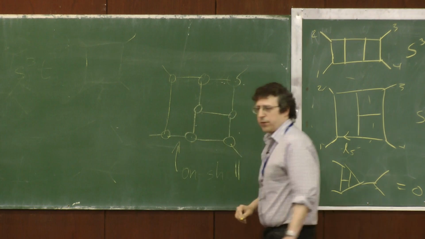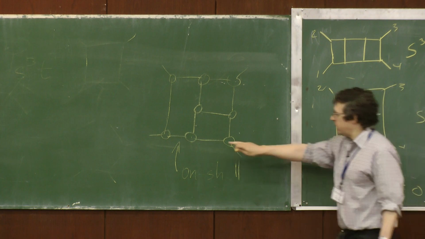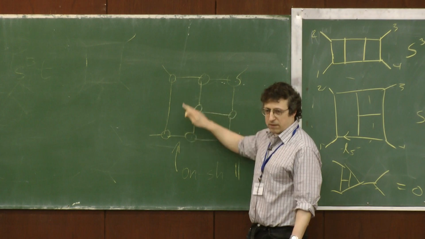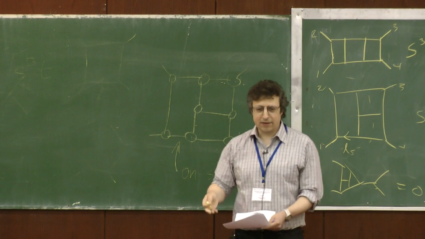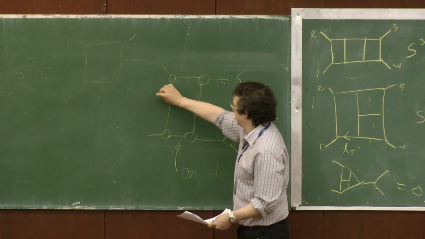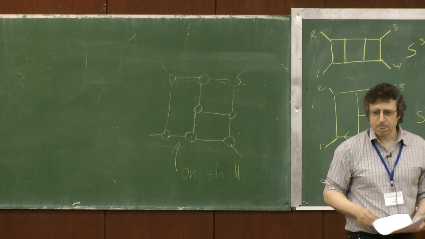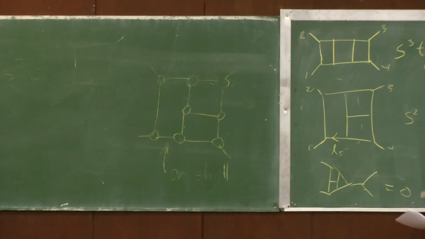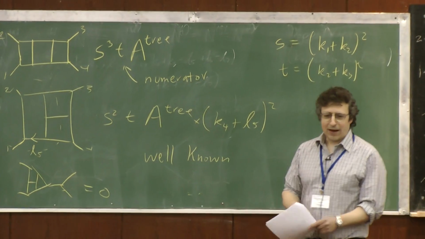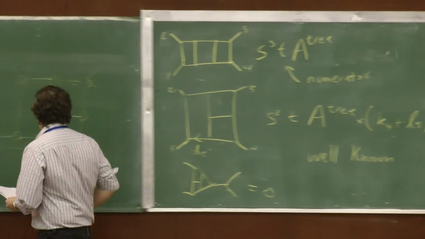So an important rule is if I take the known result and I put all these intermediate guys on shell, I have to get the right maximal cut, or leading singularity. By maximal cut or leading singularity I mean just put all these intermediate guys on shell. If I didn't get the right answer, then this thing would be wrong. So obviously I get the right answer, since this is right.